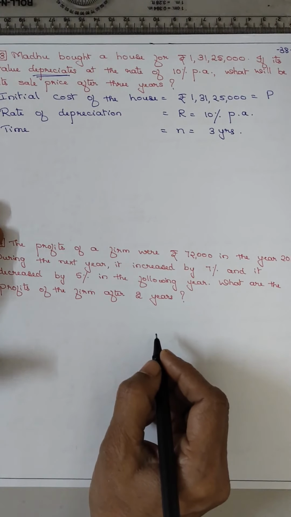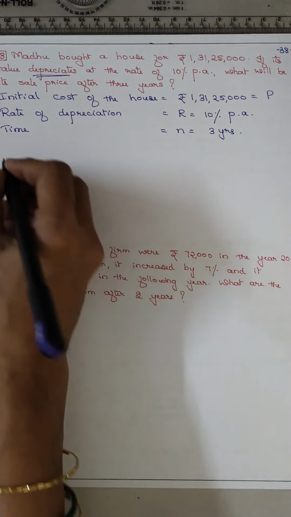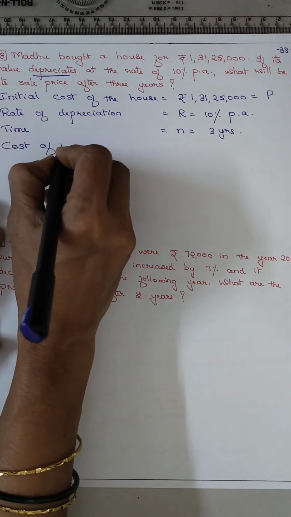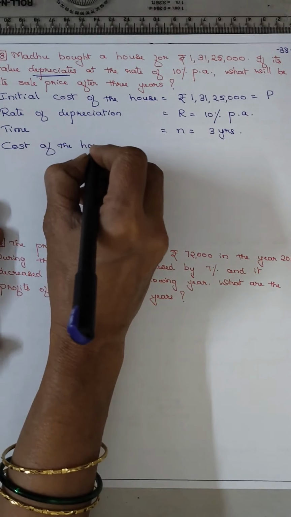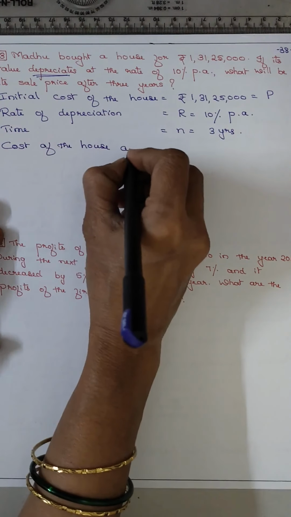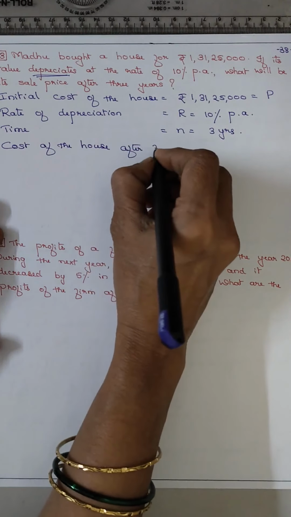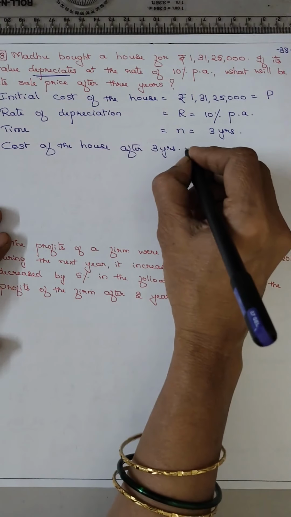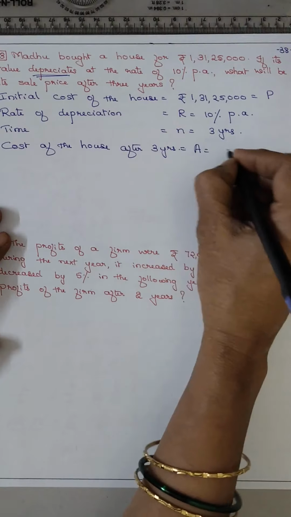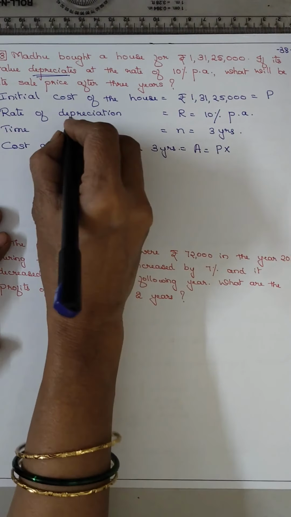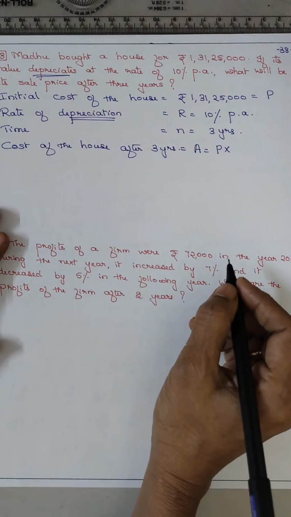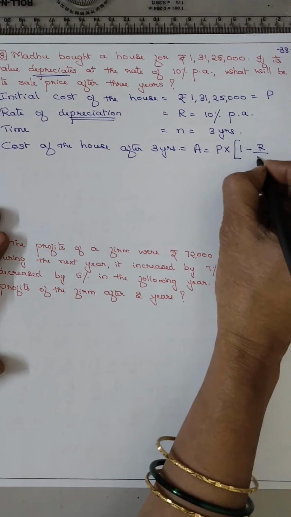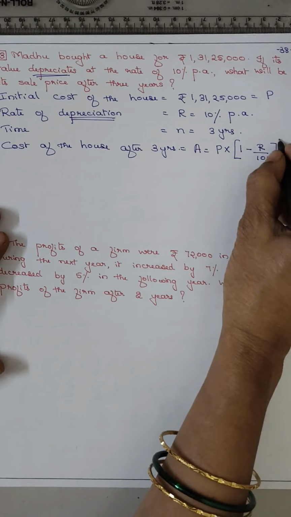Selling price, sale price is selling price, or the cost of the house after 3 years. Formula will be, that is A is equal to P into, it is depreciation, so it is minus, 1 minus R upon 100 the whole raised to n.